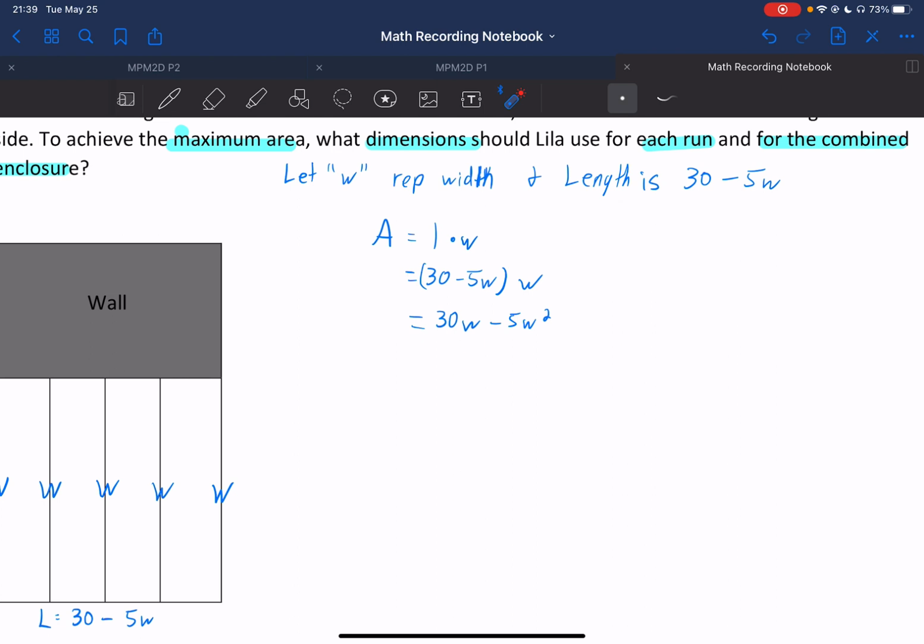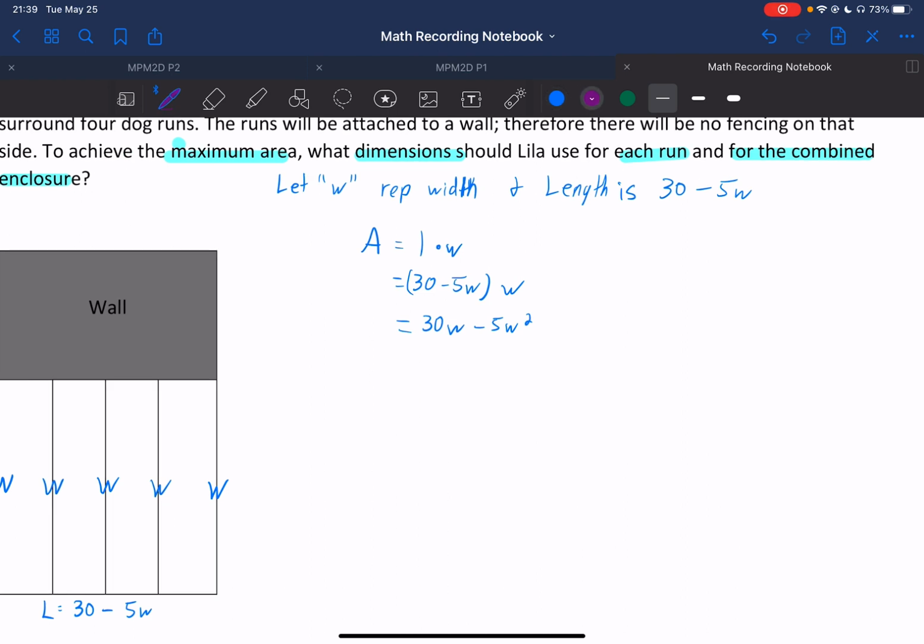If we want to find out the dimensions, to find out the maximum area, we need to have this in a format that gives us the maximum and gives us our vertex. We need to find out the vertex. The vertex tells us the maximum.